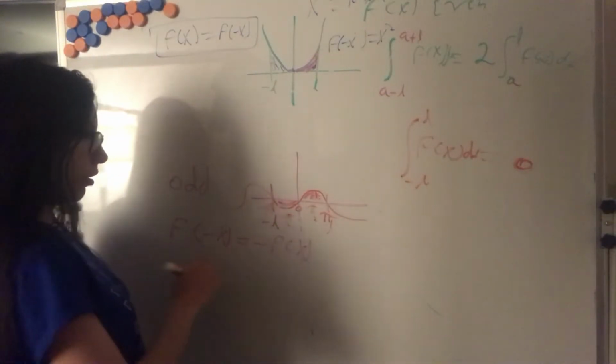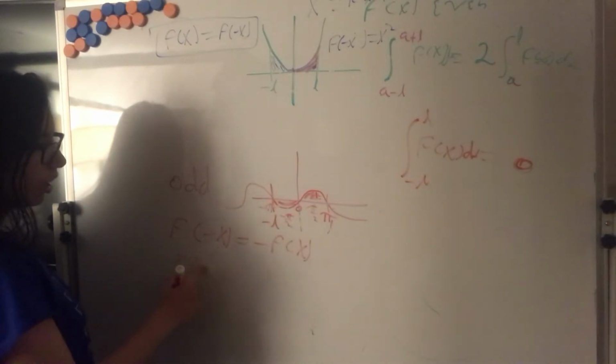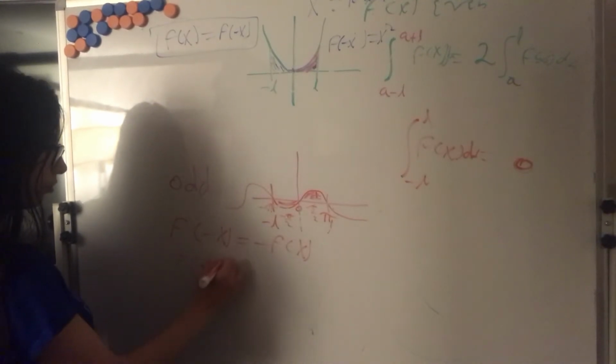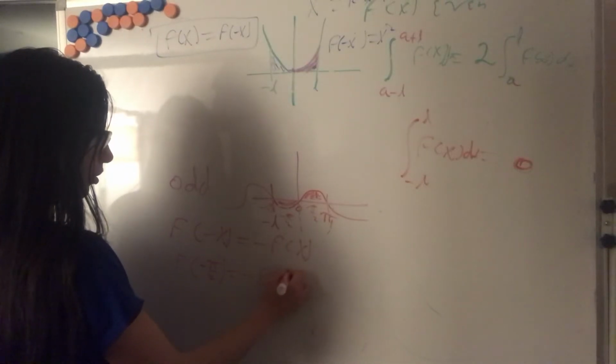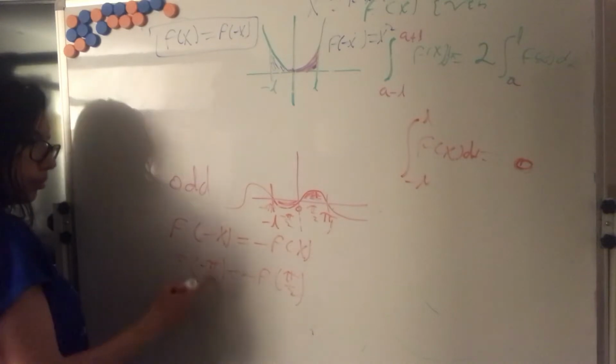So f of minus pi over 2 should be equal to minus f of pi over 2. What is f of minus pi over 2?